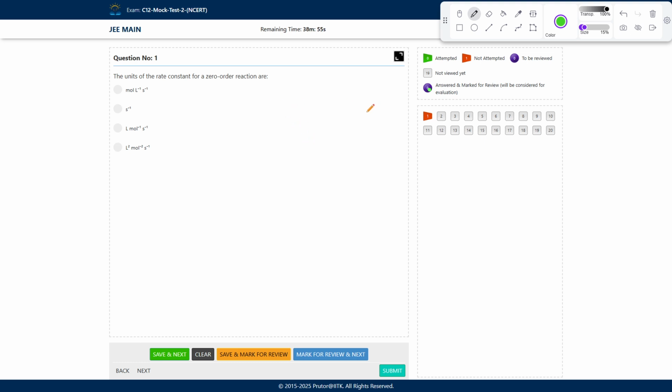So if you define for a general reaction, the rate is given by K times A, which is our reactant, to the power X, B, which is another reactant, to the power Y. Right, and X and Y may or may not be equal to the stoichiometric coefficients of our reactants. So A and B are representing the reactant concentration.